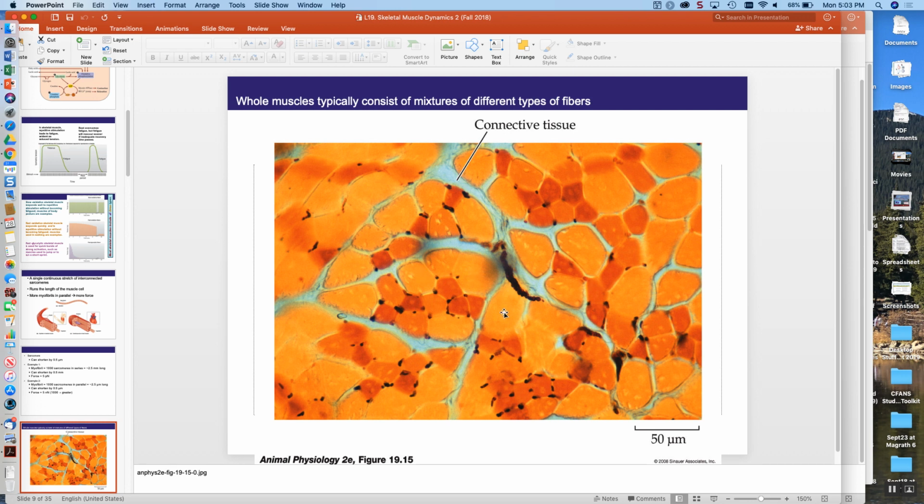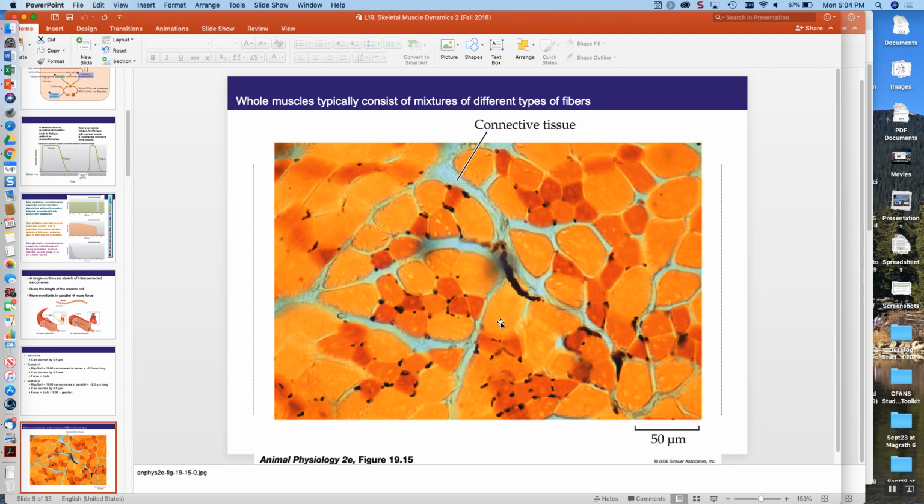The opposite extreme are these orange ones. They're large in diameter, very powerful muscles. They have lots of myofibrils in parallel with each other. When they're in parallel, you can get a stronger contraction. But they don't have a lot of myoglobin.